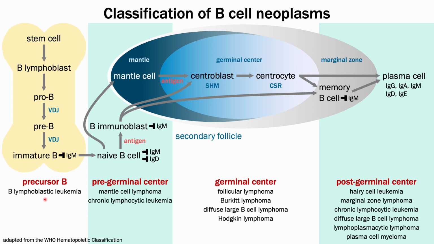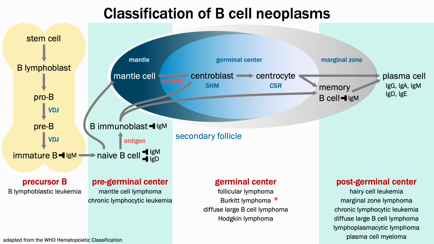B lymphoblastic leukemias are primarily found in the marrow because that's where their normal counterparts live. Mantle cell lymphomas appear to be primarily pre-germinal center, and chronic lymphocytic leukemias primarily circulate in the peripheral blood, but they're split between two stages because some of them seem to have a pre-germinal center DNA sequence pattern, but others seem to have a post-germinal center sequence pattern.